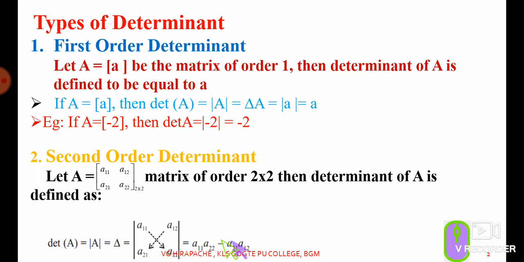Then for the secondary diagonal elements we take a minus sign, minus A12 A21, from right top to left bottom. Therefore, this is the simplification of a second order determinant.